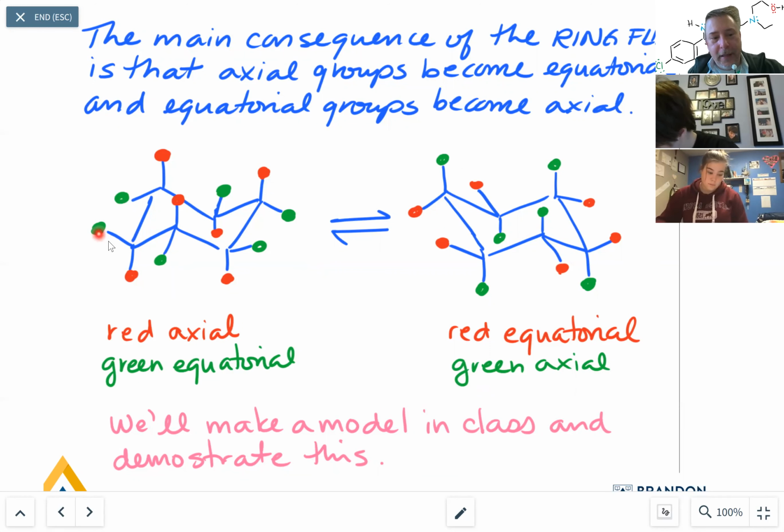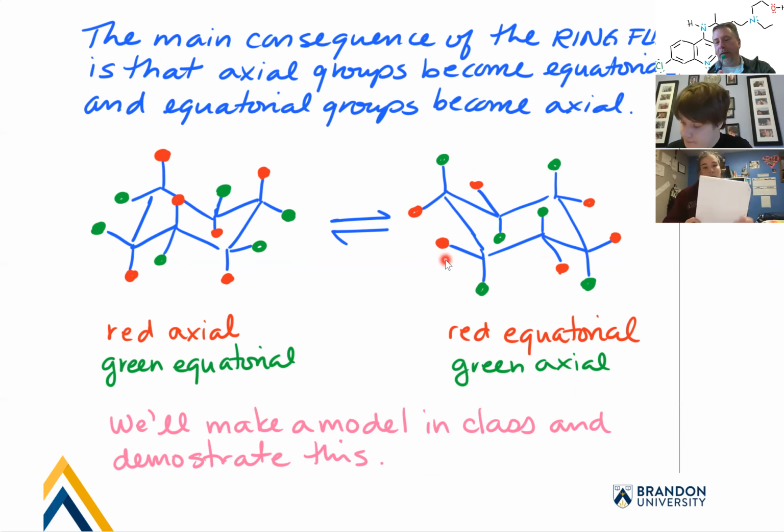So everything that you notice on the chair conformation on the left, all the axial groups are green, and on the right, all the equatorial groups are red. If you've got a model at home, you can make a chair, and once you've made your chair, you can put all of the axial groups one color and all the equatorial groups another color.